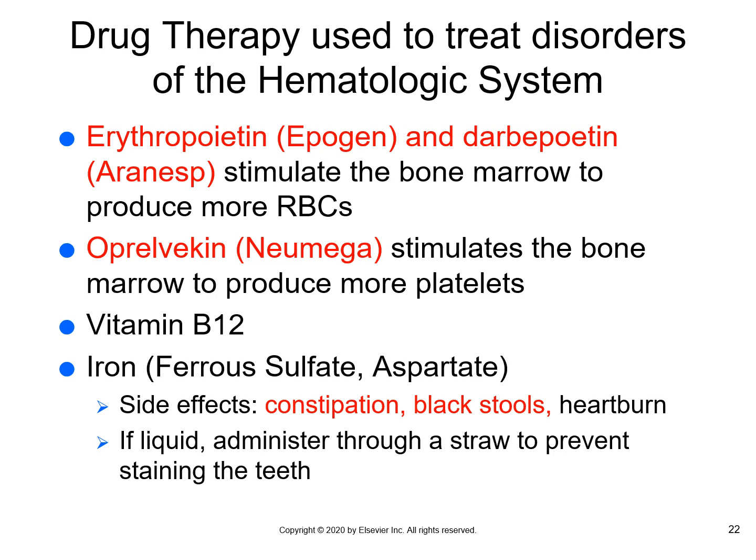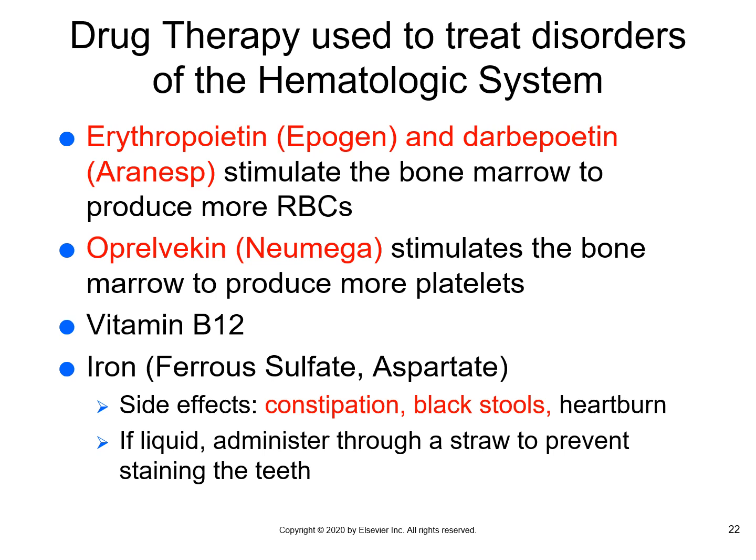And then we have vitamin B12 and the iron or ferrous sulfate that could help with anemia. Side effects for iron are constipation, black stools, and heartburn. These are the things you want to educate your patient about when they're taking iron, so they don't freak out when they see them.